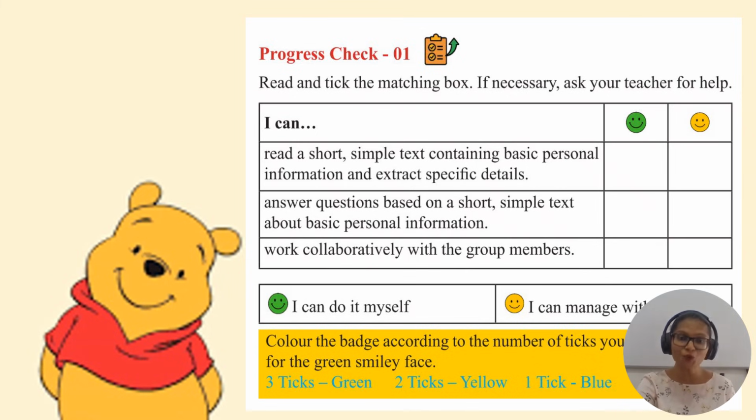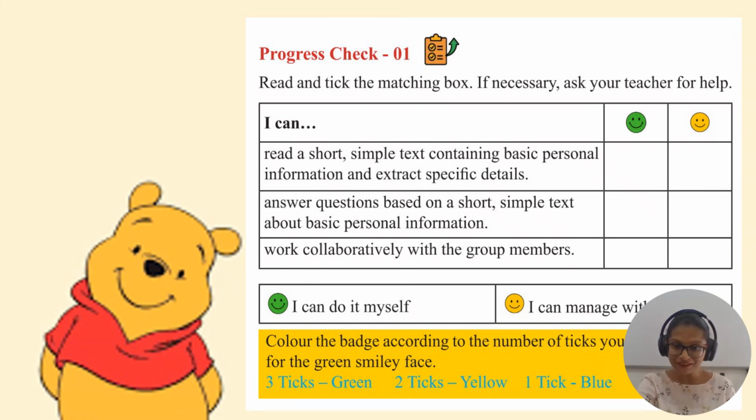If you can do it yourself, if you can find specific personal information from a text, you can put a tick under the green face. Or if you did it with the support of the teacher or a friend, you can put a tick under the yellow face. And the second one, I can answer questions based on a short simple text about basic personal information, right?